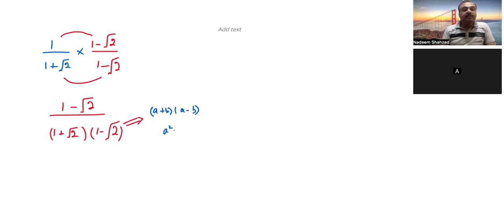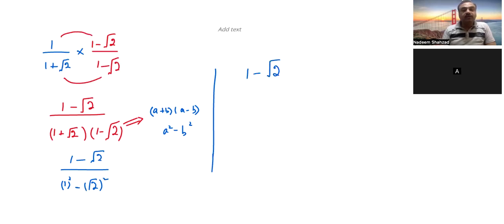So we will write it as 1 minus square root 2 divided by 1 square minus square root 2 squared. So it will be equal to 1 minus square root 2 divided by 1 square, which is 1, minus 2, as the square root cancels with the square.